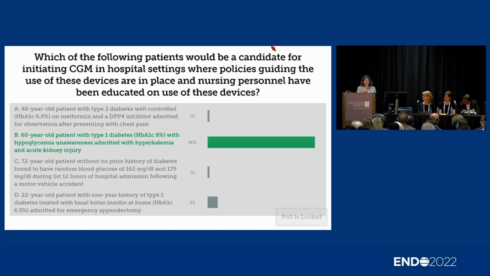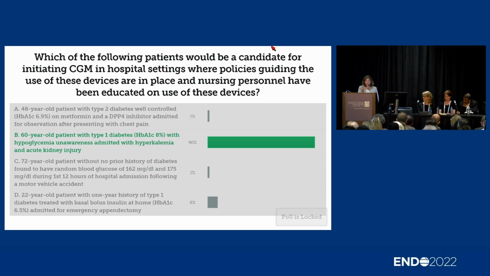Now, walking through these options, the individual on oral agents at home clearly is probably at very, very low risk of hypoglycemia, might not require insulin, and also might be out of the hospital soon. We should consider that the warm-up period for CGM devices is still relatively long compared to what we often need in the hospital as far as needing data quickly. That warm-up time is shortening with new devices.